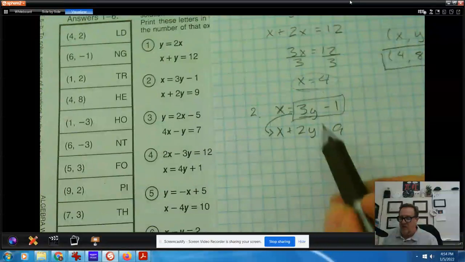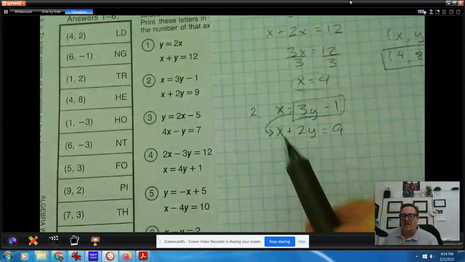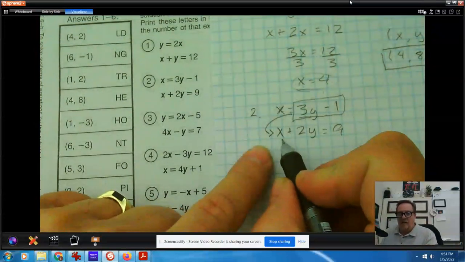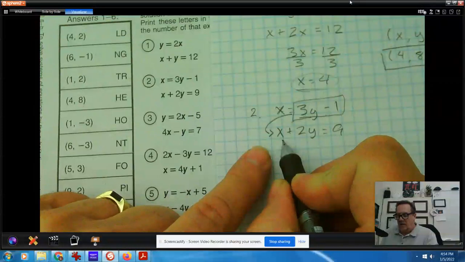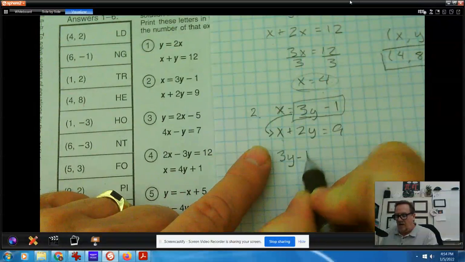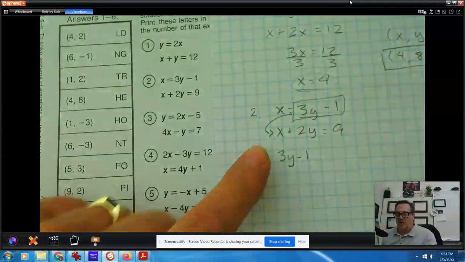So in other words, we're going to take this and put it in where we see x in the second equation. So I'm rewriting this equation, but instead of writing x, I'm going to write 3y minus 1, since I'm replacing the x in the second equation with what x was equal to in the first equation.